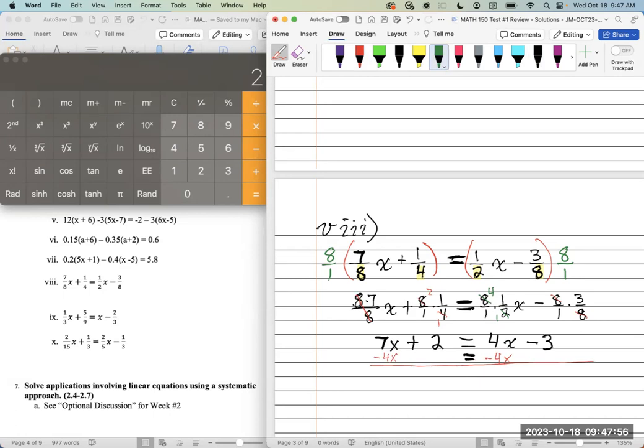So if my x's are going to be on the left side, then this plus 2 will be in my way. So I'm going to subtract 2 from both sides. This becomes 3x. And all of this becomes -5. So my final answer is -5/3.